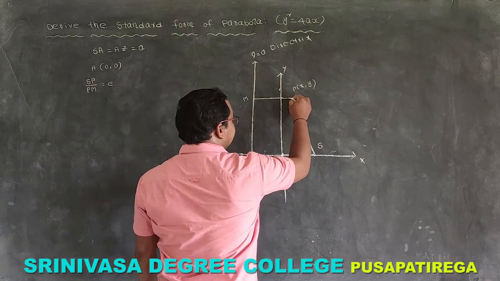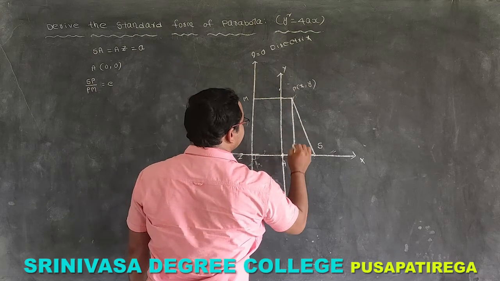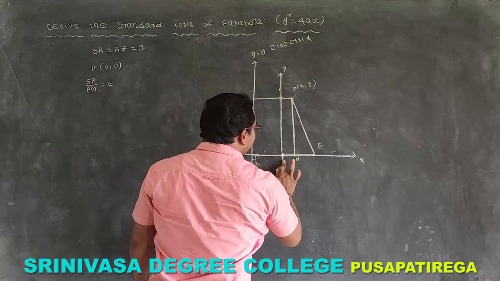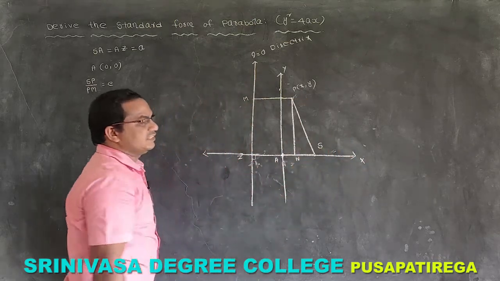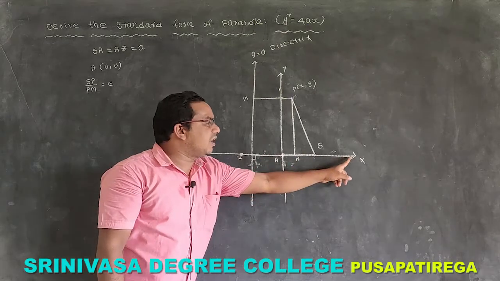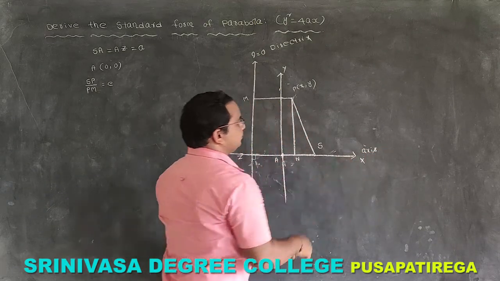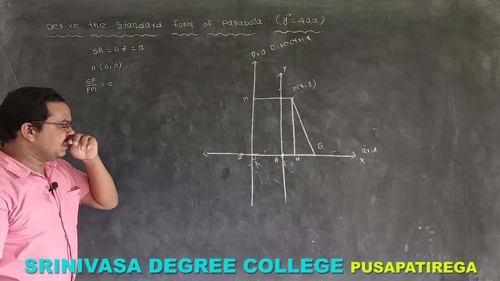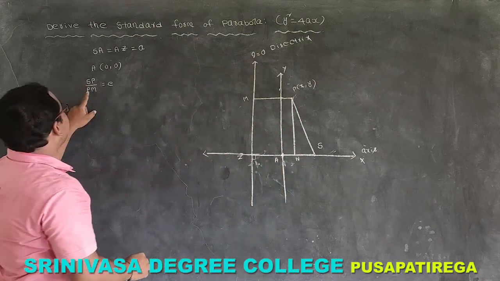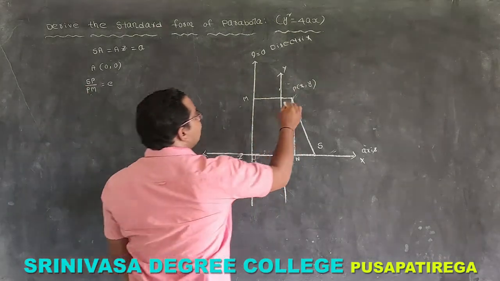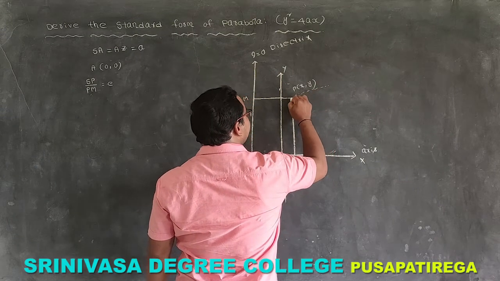And let N be the projection of P onto the x-axis. The x-axis can also be called the axis.